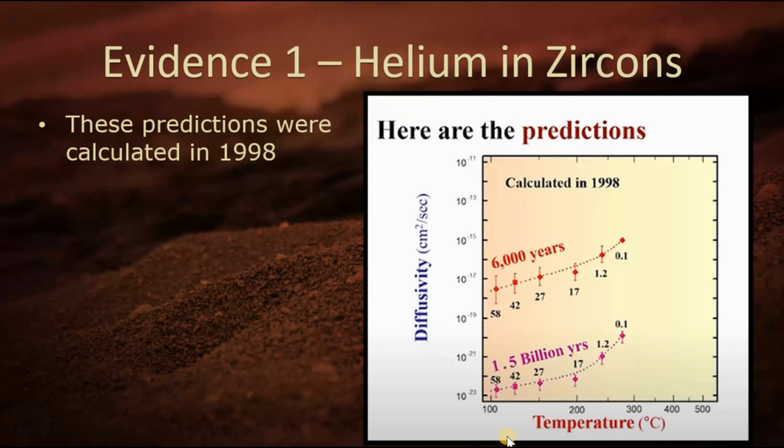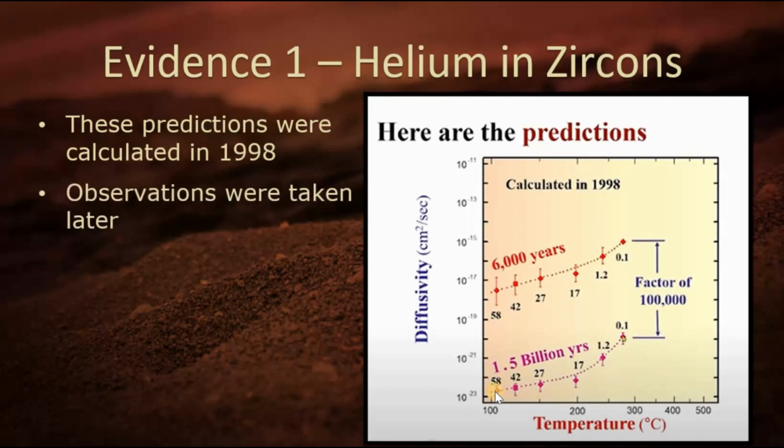As the temperatures go from, say, 95 or 100 to 277 degrees, they used the first model, 6,000 years, with error bars up to the 95% confidence level. They said how much helium they expected to see using the creation model, from 58% to 1/10%. And they said, okay, for 1.5 billion years, the helium leak rate has to be a slower rate. So they modeled it right there.